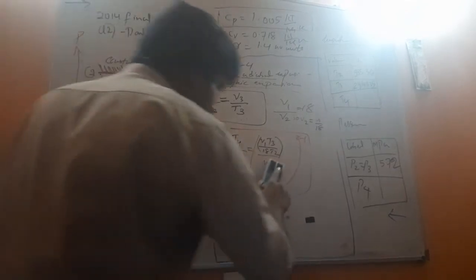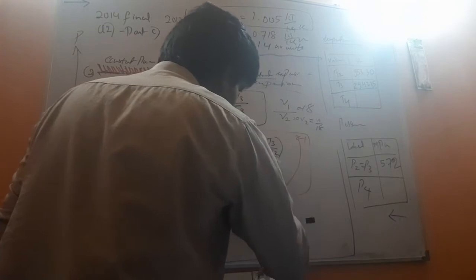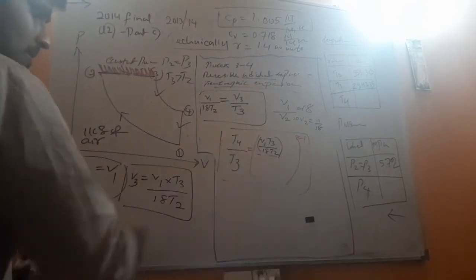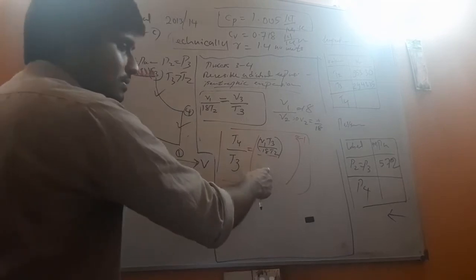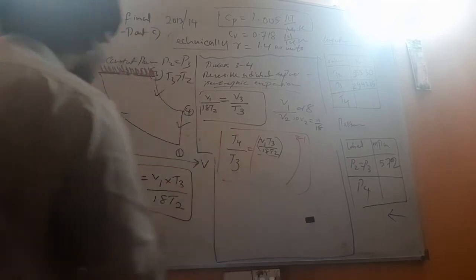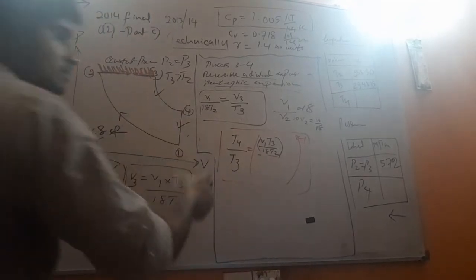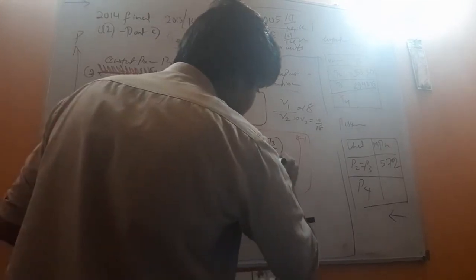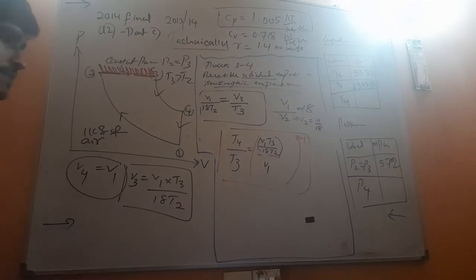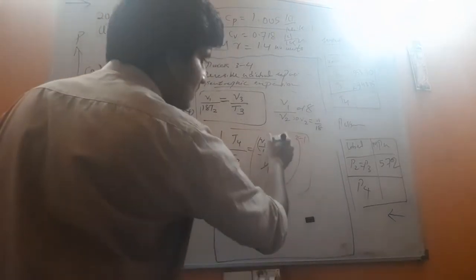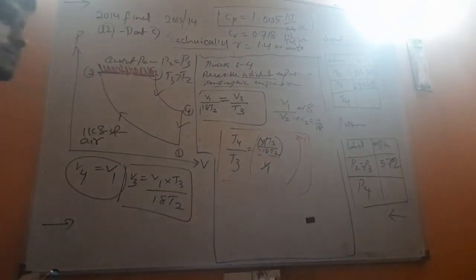Okay, right. What is V4? Here it was V4, right? So what is V4? That is same as V1, same volume. V4 same as V1, so put V1. Now V1 to V1 you can cancel, no problem.